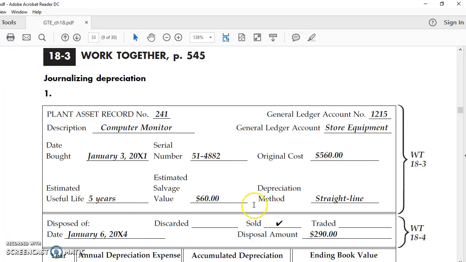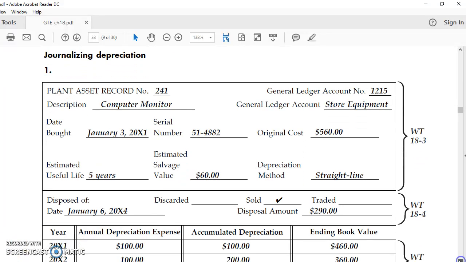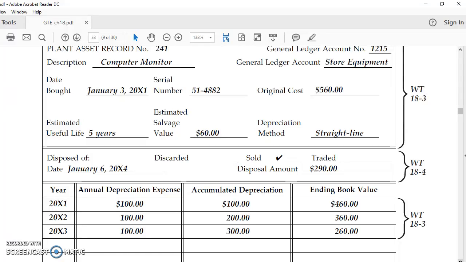Now you're going to do the same math as you did for previous problems. Please make sure you have a calculator in front of you.